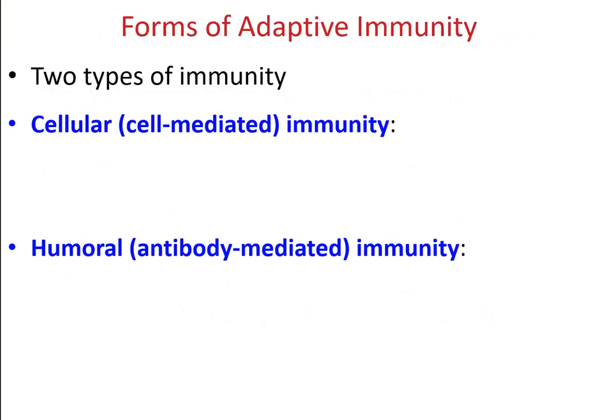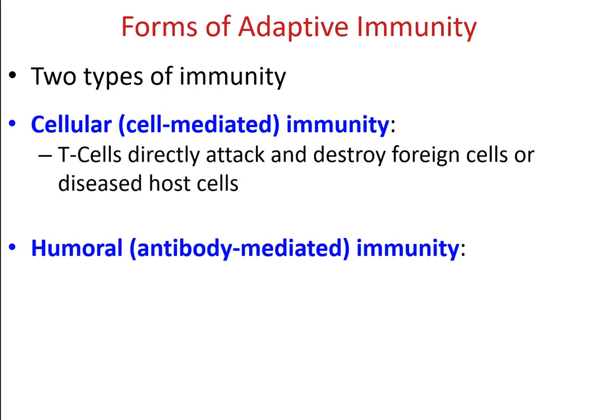So let's talk about cellular versus humoral immunity. So when we look at cellular or cell-mediated immunity, this is going to be your T cells. So with the cellular immunity, you're going to have cells attacking cells. So this is going to be where T cells are going to attack foreign cells, or they may be destroying your own cells of your body that have, for example, become hosts to viruses and are now being used to create more viruses.